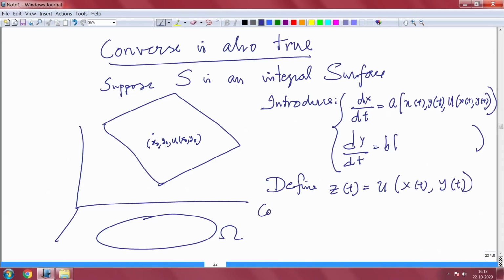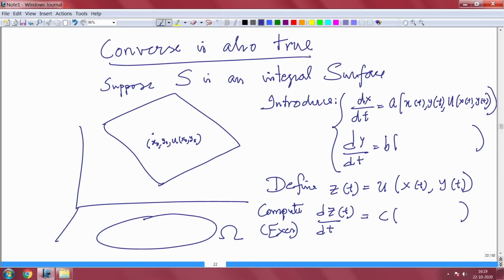Then if you compute dz/dt, this is a small exercise. If you compute this, you can see that this is nothing but c. You just do the computation, use the PDE, and you get it.